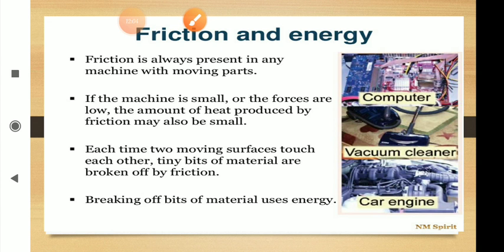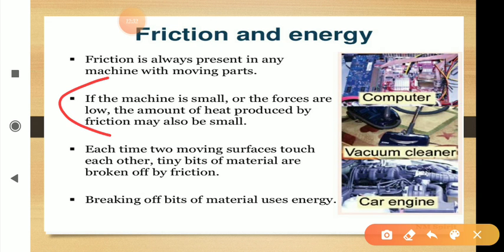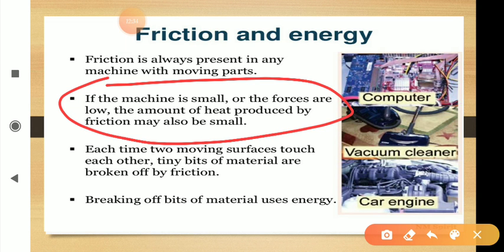Now, this friction exists everywhere whenever two surfaces are in contact. So in the case of machines, all the components are in contact with each other, so there is a chance of frictional force. If the machines are small, the components are small, and due to the small size of the components, the heat produced is also very small.